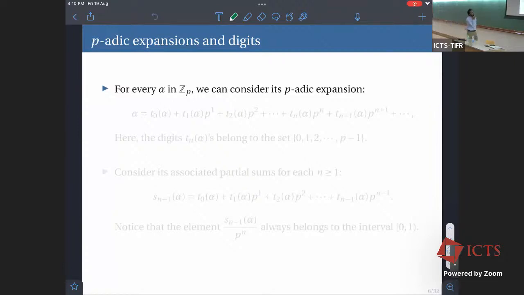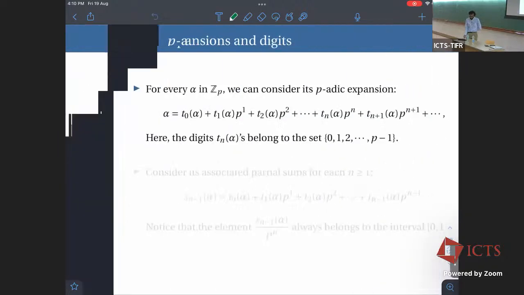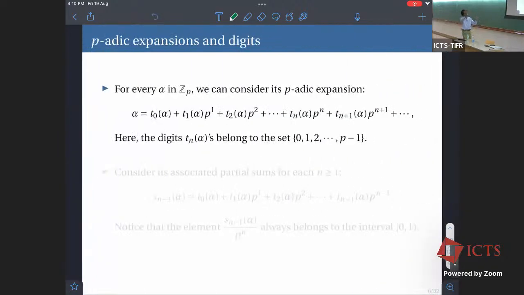Before I introduce Ferrero-Washington's result, I just want to introduce some notation. For every p-adic integer alpha, you can look at its p-adic expansion. I'm writing down the p-adic expansion as the first digit t_0 of alpha plus the second digit t_1, then the third digit t_2, and so on. These digits t_n of alpha belong to the set 0, 1, 2, up to p minus 1.